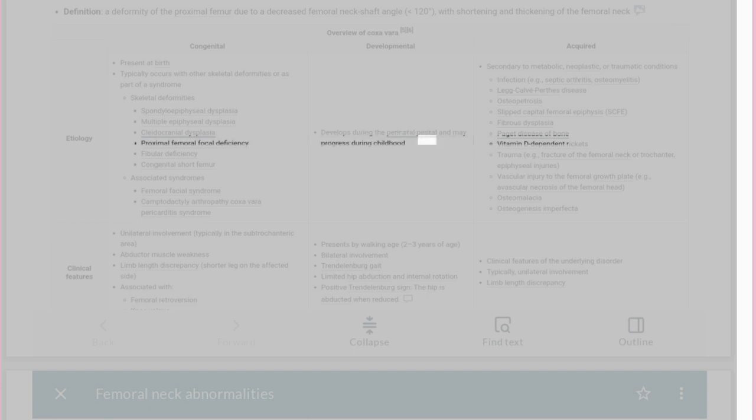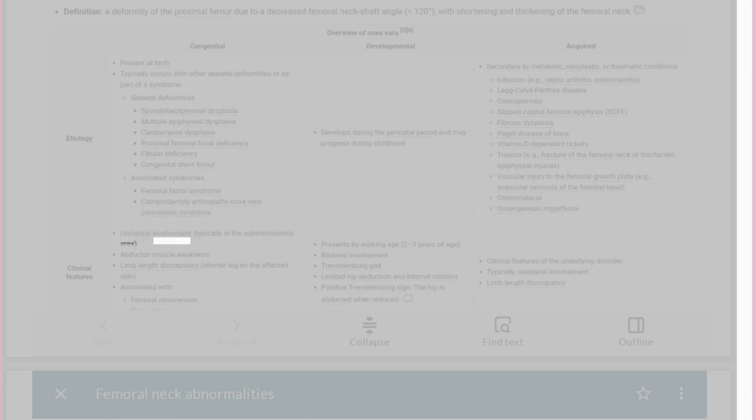It develops during the perinatal period and may progress during childhood. Other causes include Paget disease of bone, proximal femoral focal deficiency, vitamin D-dependent rickets, fibular deficiency, trauma such as fracture of the femoral neck or trochanter, congenital short femur, epiphyseal injuries, vascular injury to the femoral growth plate such as avascular necrosis of the femoral head, femoral facial syndrome, camptodactyly-arthropathy-coxa vara-pericarditis syndrome, and osteogenesis imperfecta.